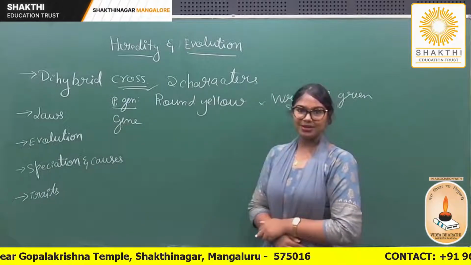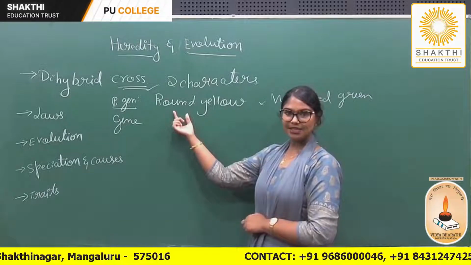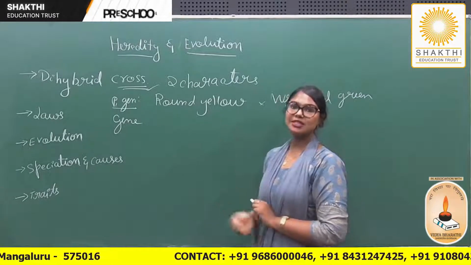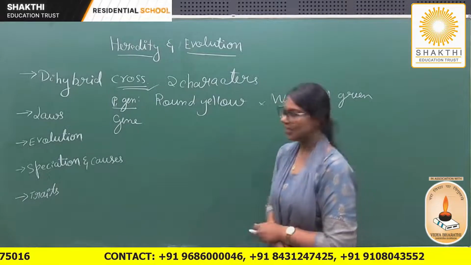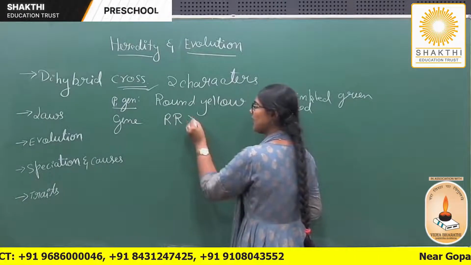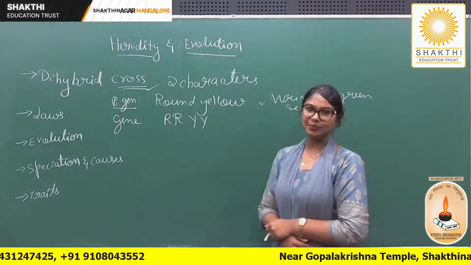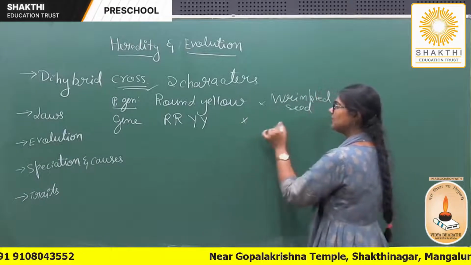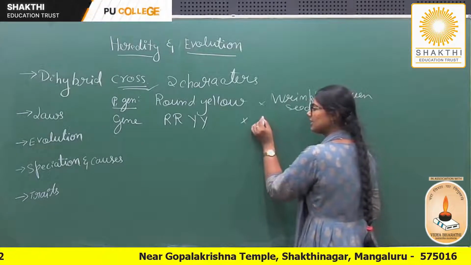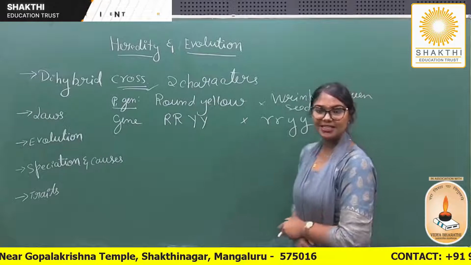Round is represented as capital R, and yellow as capital Y. Following the same pattern, for wrinkled we write small r, and for green, small y.